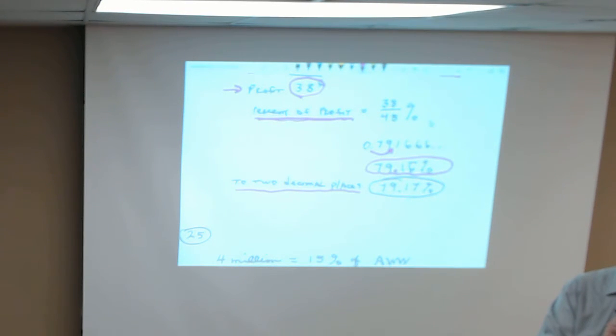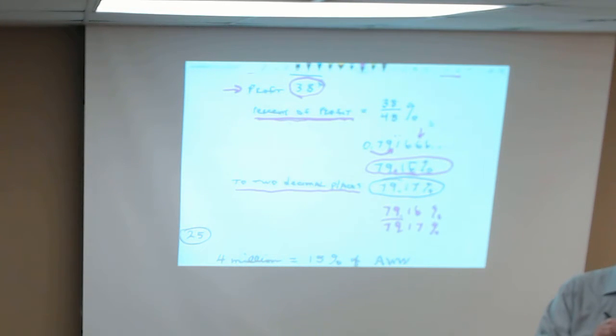So what do they want me to put for the answer? They want me to look at these 2 decimal places, and do I leave it 79.16 or do I make it 79.17? Which one is it? Well, if I'm going to look at 2 decimal places and the next number, here's the decimal place, the next number is 6, I'm going to round that one up to a 7.